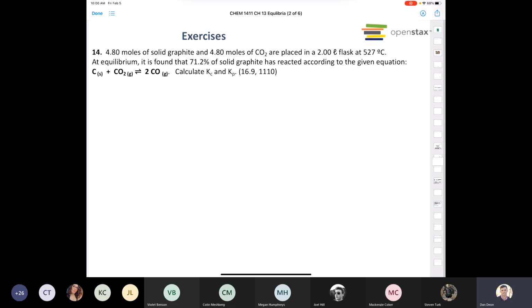I don't know why I put the answers in there, but whatever. It's the land of the free. So let's see here. What do we have? 2-liter flask. Sorry, I'm just thinking out loud here.